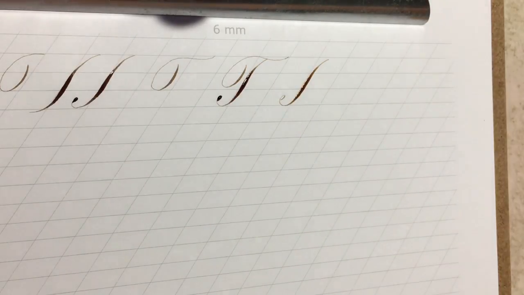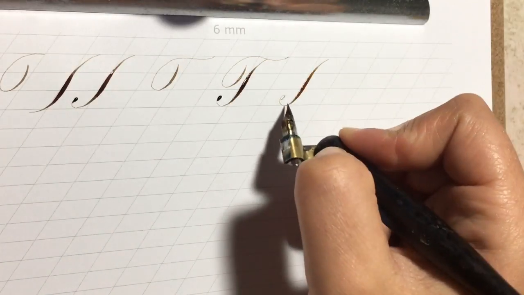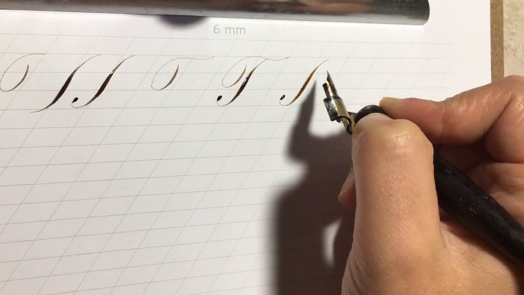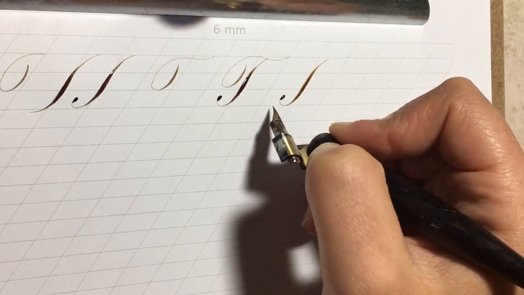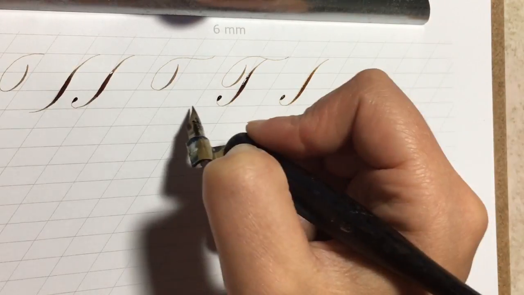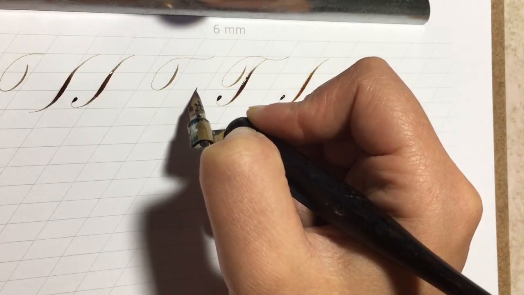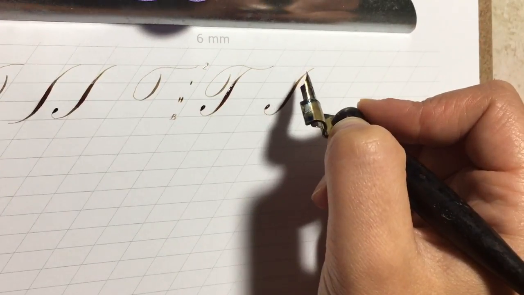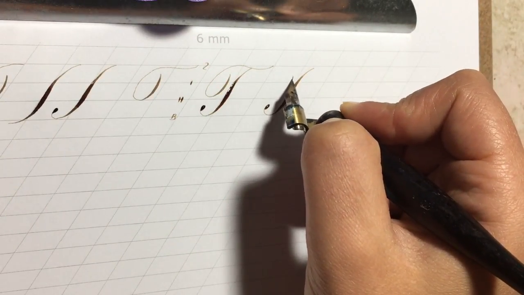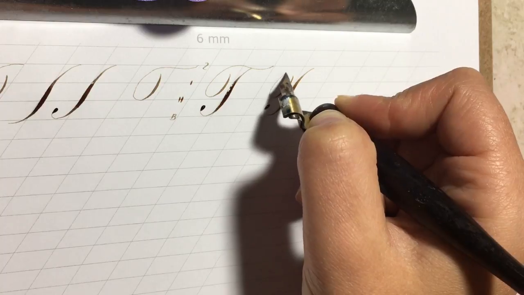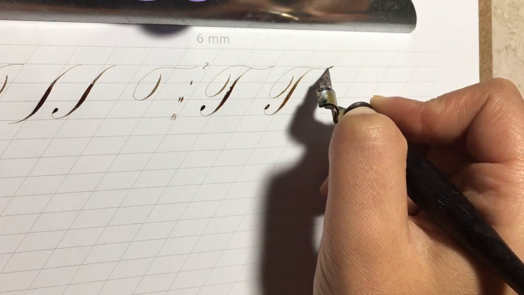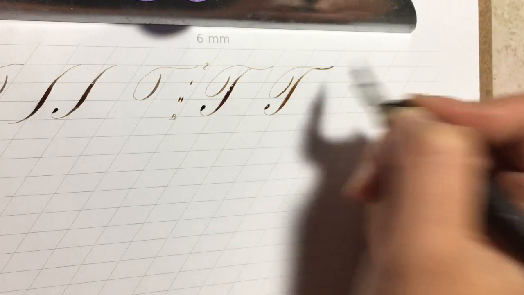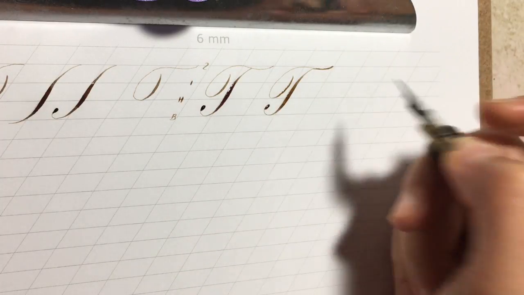Again, for this shape you can end it with a terminal dot, which comes up about halfway between the baseline and the header line. Again, this is a baseline, header line, first ascender, and second ascender. Okay, so with this shade, what I usually do is make the indirect oval, come around, and then retrace this line a little bit. And that just adds a little bit of balance to the letter.